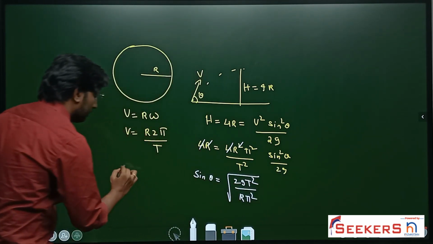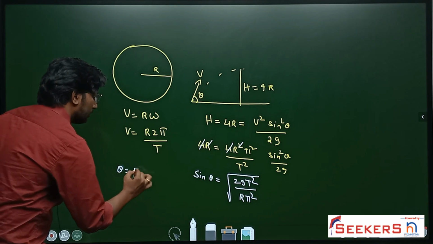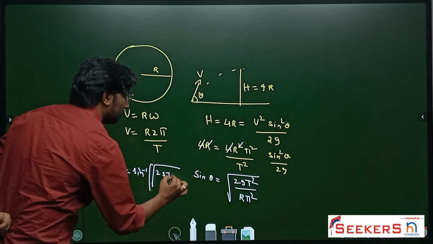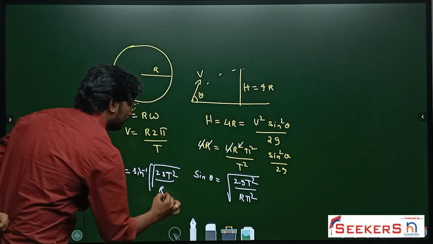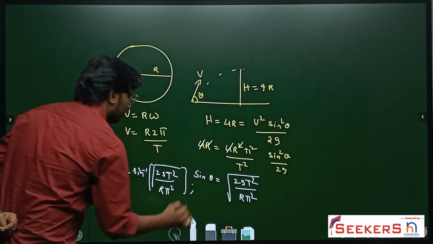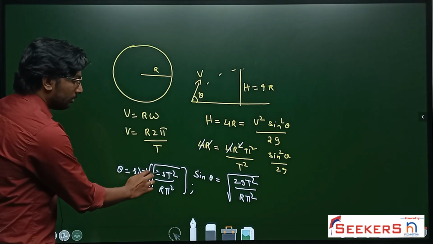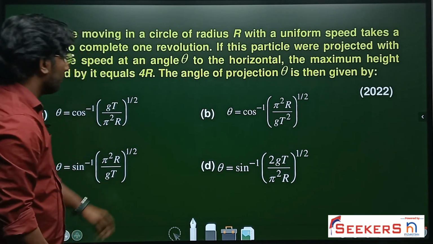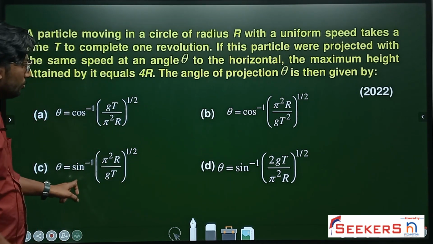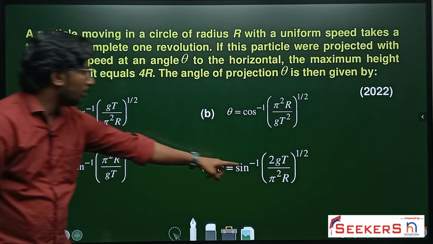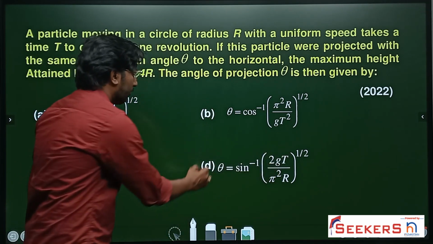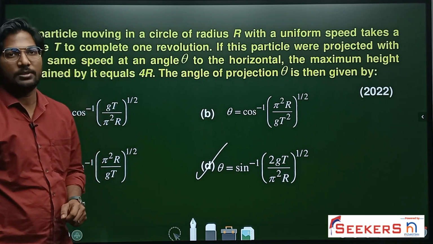You take sine inverse, so theta will be equal to sine inverse of square root of 2g t square by r pi square. Let's see which option is matching. There are two sine inverse equations. Here we got the answer, 2g t square by pi square r to the power 1 by 2. So that will be our answer.